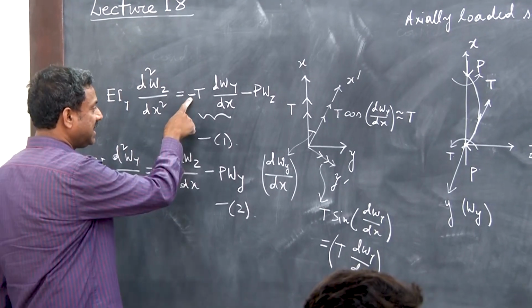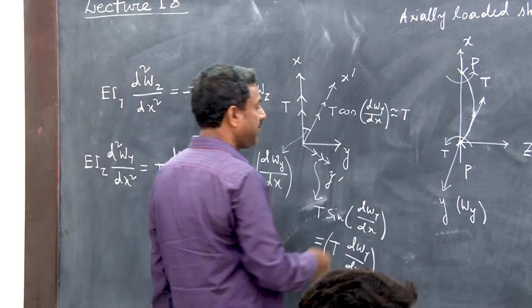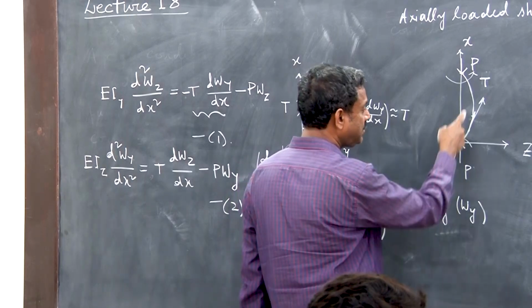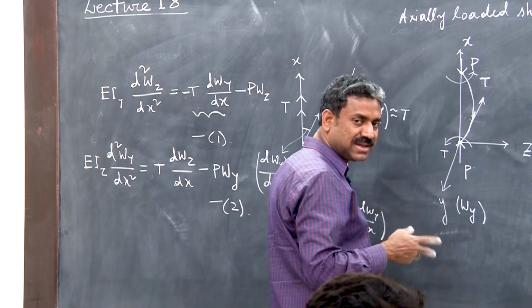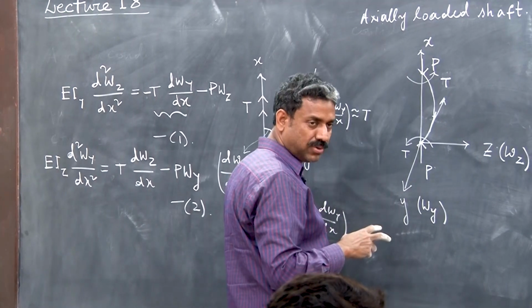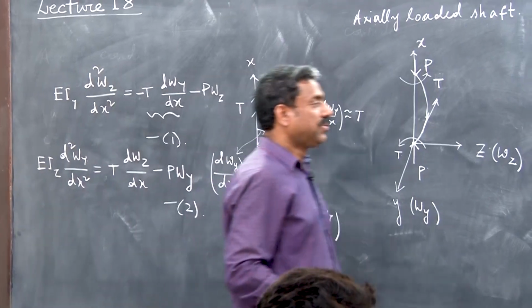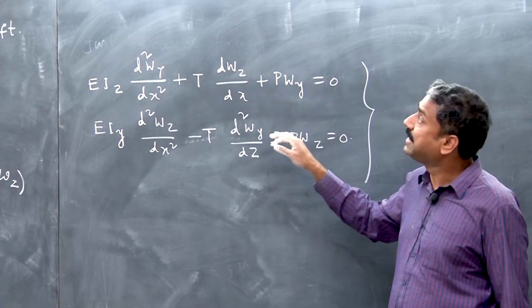However, in one case it is negative, in the other case it is positive. Why is this happening? Because if we project in the xy and xz planes, in one case the bending moment and curvature will be in the same direction, and in the other case opposite. That's why this negative sign will come. Clear? I am not going into all these details, but I will write down the equation here.